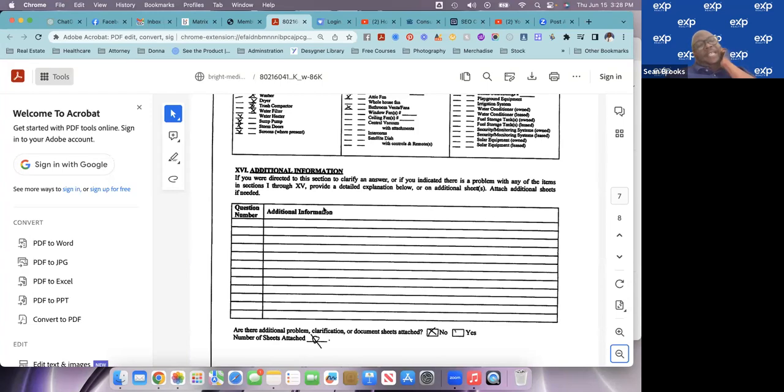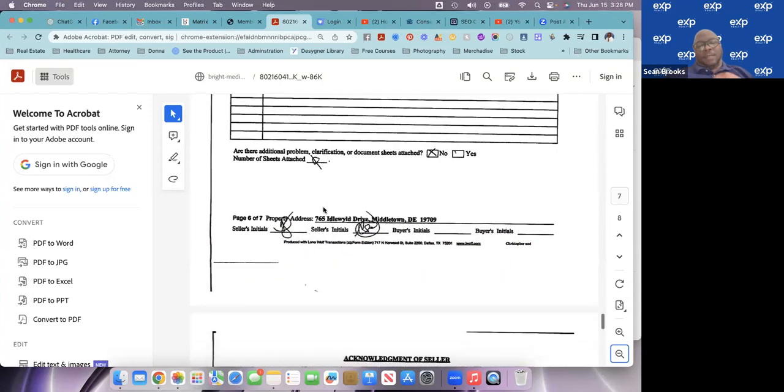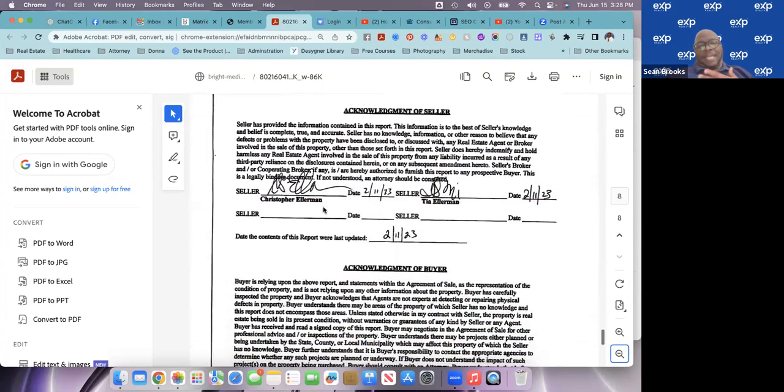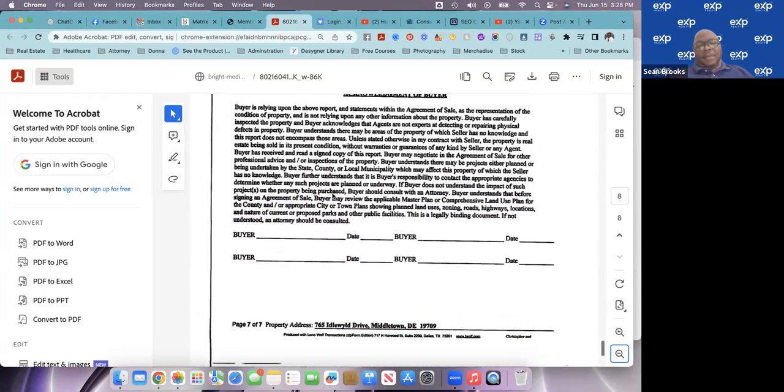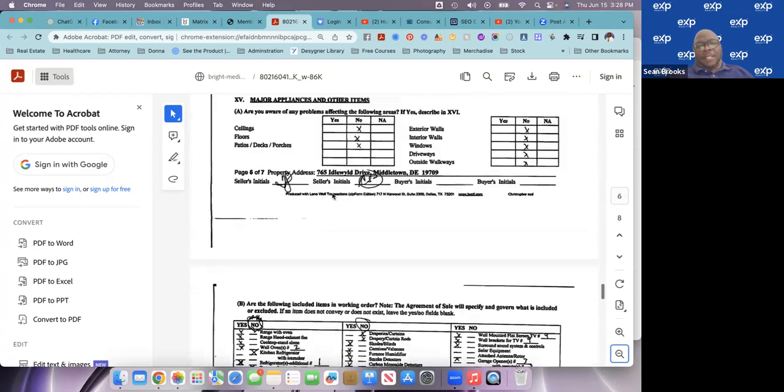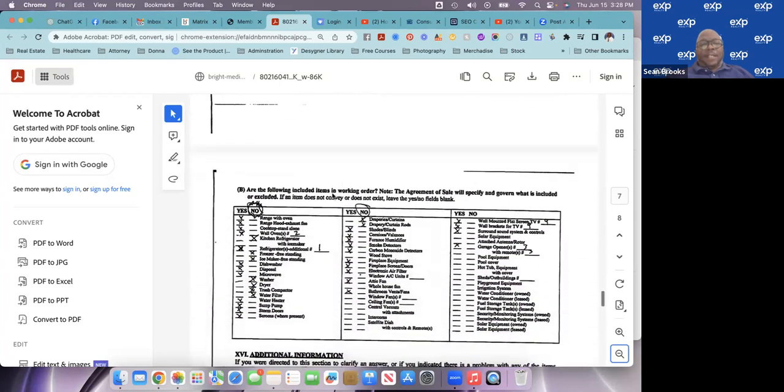So we'll go over this report at length and in detail. I don't want you to just assign it. I want you to be well aware of how this works. All right. Now, in this section, are the following included items in working condition?